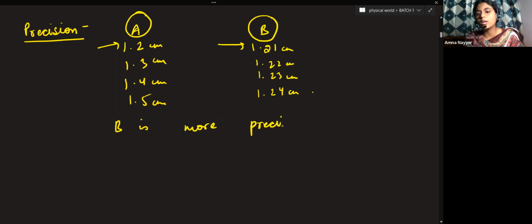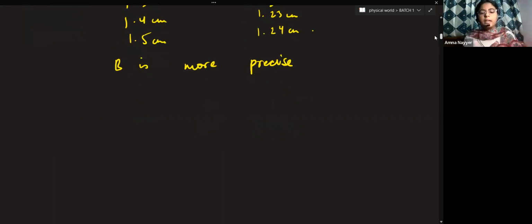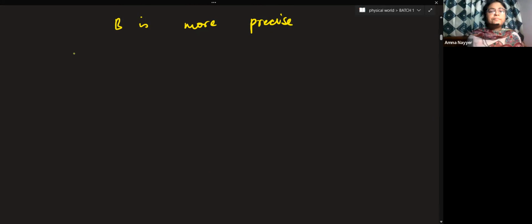This is what is meant by being precise, as opposed to being accurate. Precision is independent of accuracy. It doesn't depend on accuracy. Don't ever think that precision depends on accuracy. Precision is an independent topic. It just depends on the minute values of the measurement.